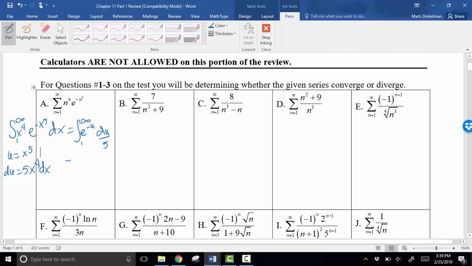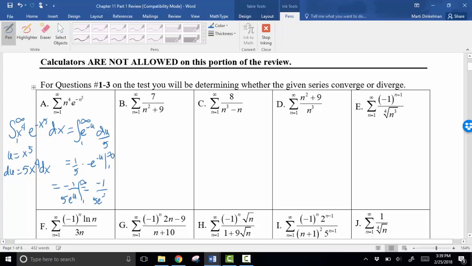So I think this integral, we have a 1/5 here, and then negative e to the negative u. I don't have to get down to the point where I know exactly what the number is, but I need to know if it is a number or if it is infinite. So I'm going to rewrite this as negative 1 over 5 e to the u, from 1 to infinity.